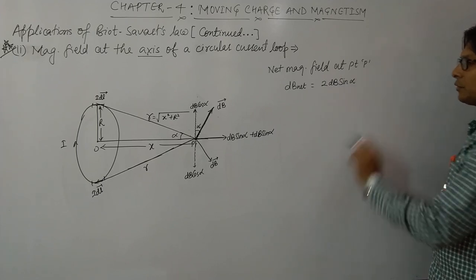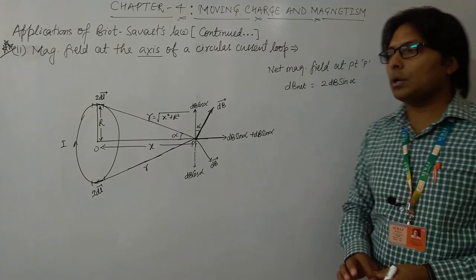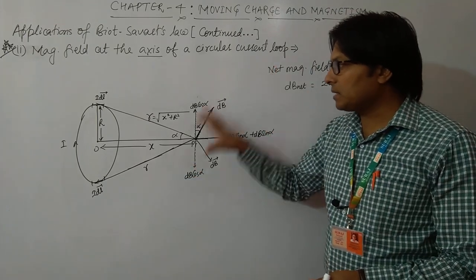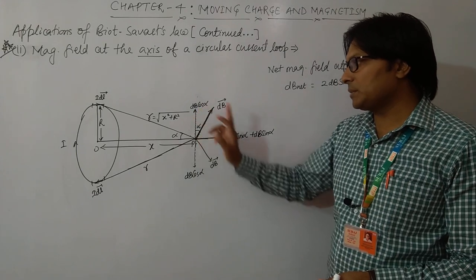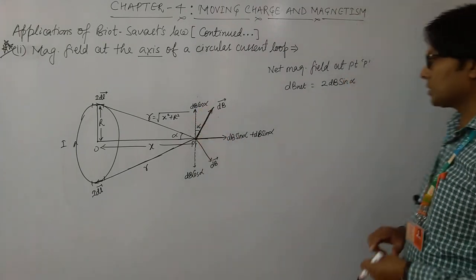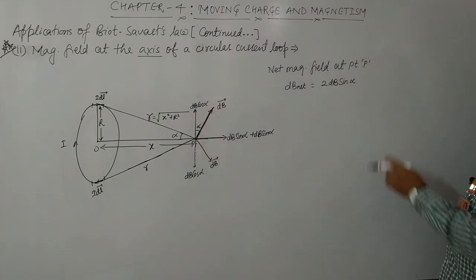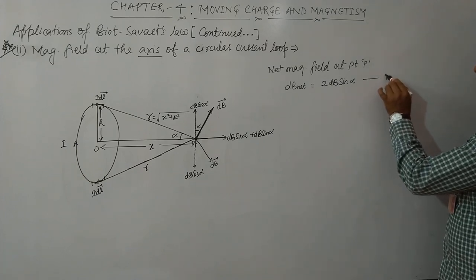As you can see from the diagram, the two horizontal components, dB cos alpha and dB cos alpha, have no role in deciding the net magnetic field, because they will cancel out each other. So this is, suppose, equation first.